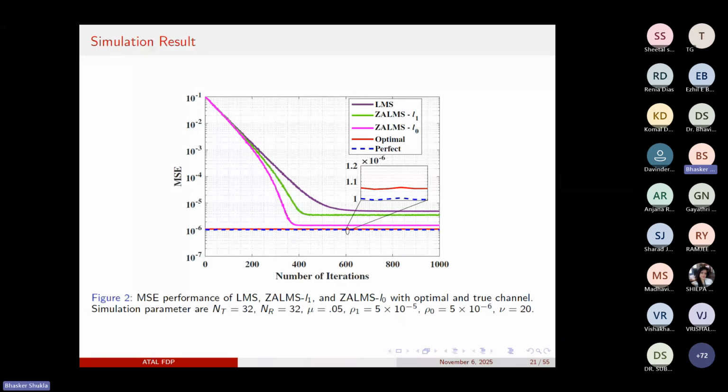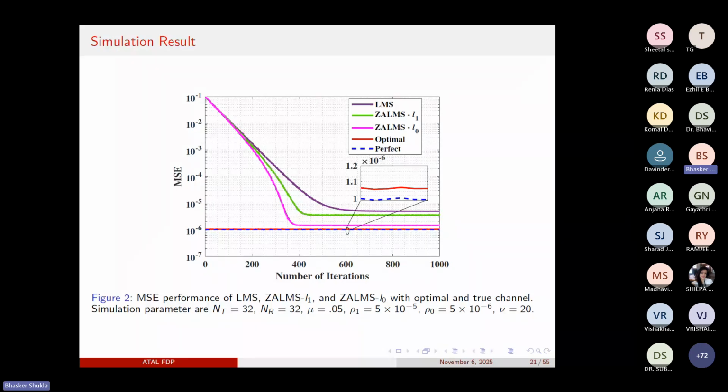So we can see that ZLMS L0, if we take the penalty function L0 norm, then it will perform close to the optimal and perfect channel. It will provide a more accurate channel as compared to the other estimators. And this is because it minimizes the L0 norm.